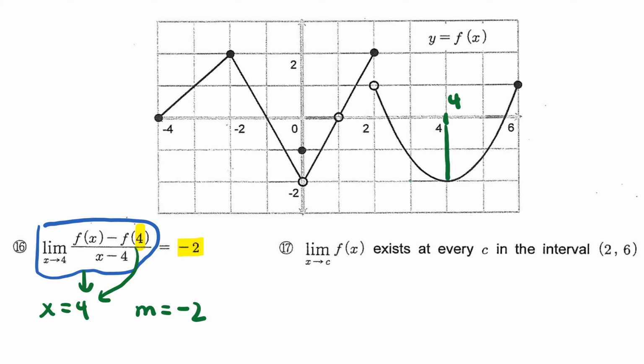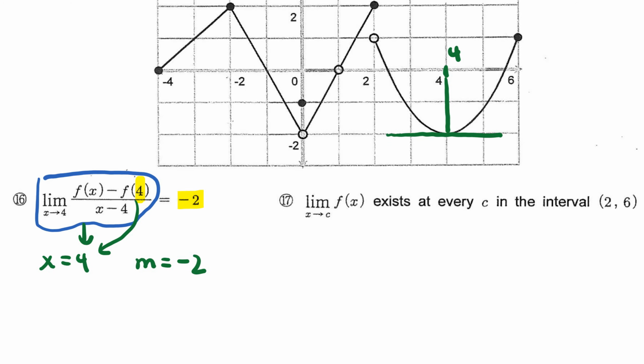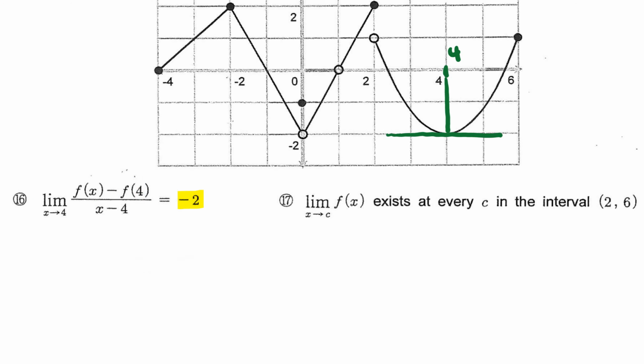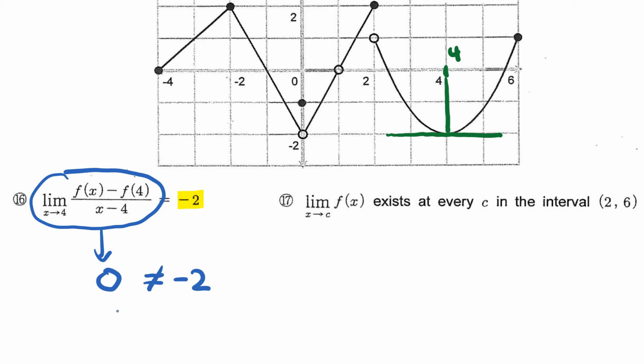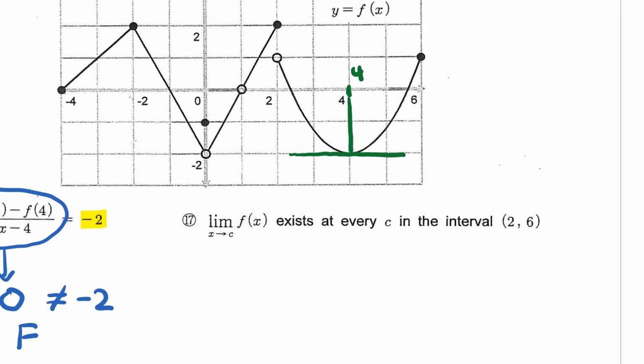If I go straight down, the slope is actually going to be 0 because there's a horizontal tangent line, right? So this statement is going to be false, because it basically means that the slope when x equals 4 is 0, and 0 does not equal -2. So this statement is going to be false. Okay. All right, let's go to question number 17.